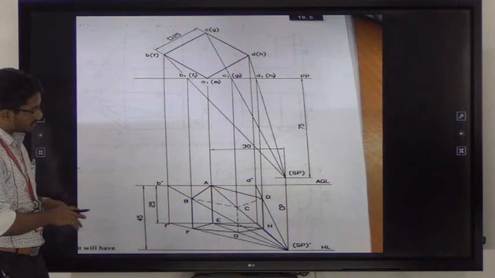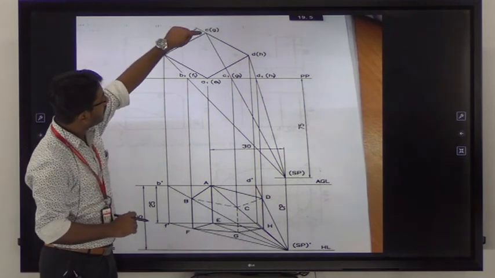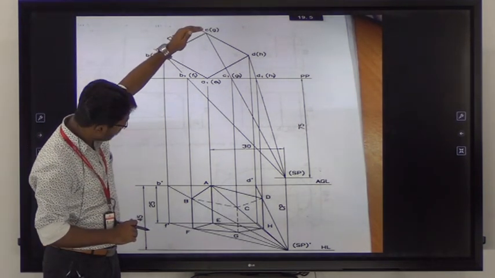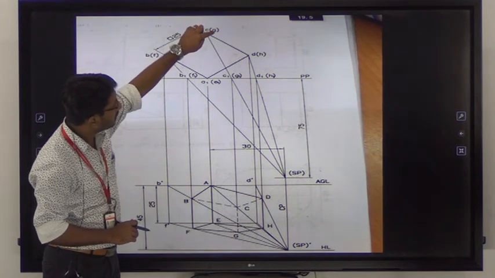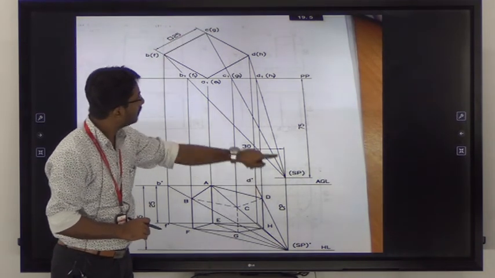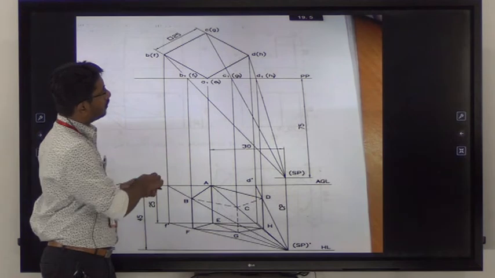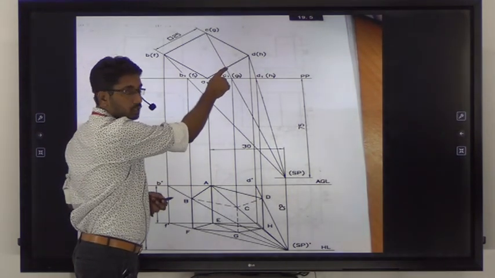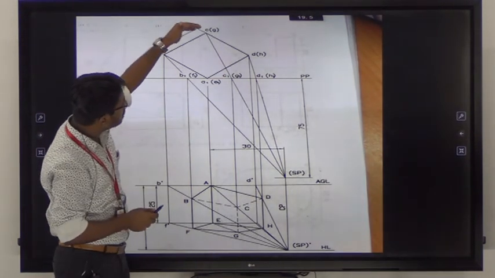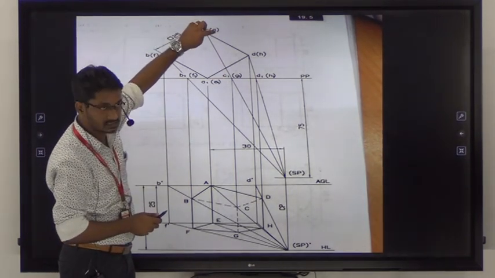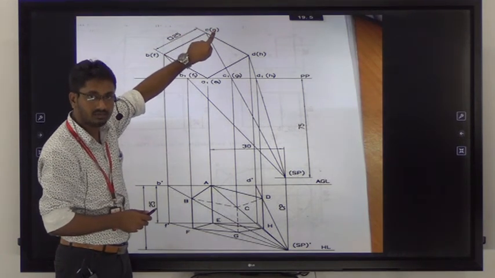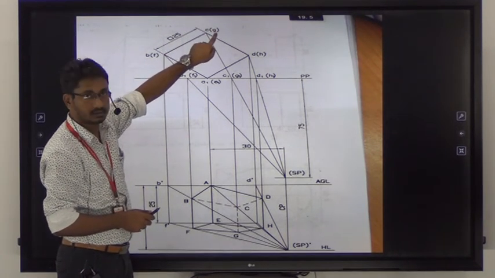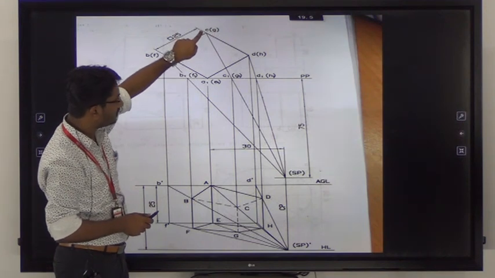Okay. So in this case we can see that the line joining the points C and G with the station point touches the object at this point. So we have to check the visibility of these 2 points. In that, G is the bottom point, so that point will be visible, and C is the invisible point.